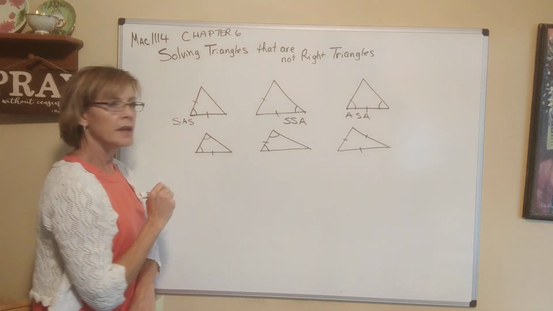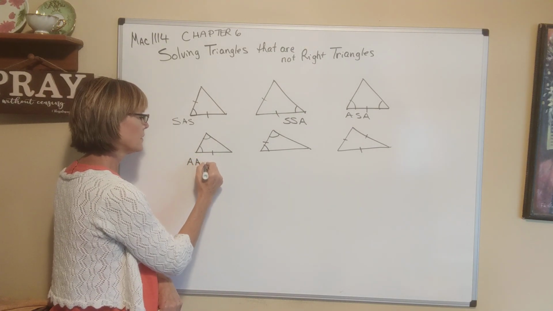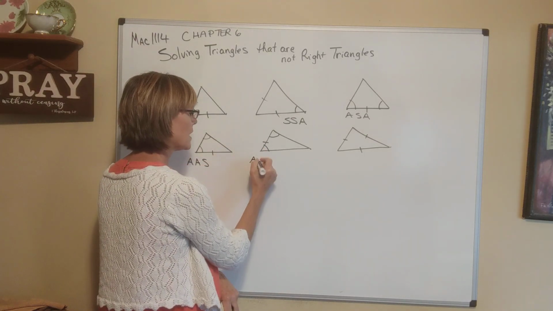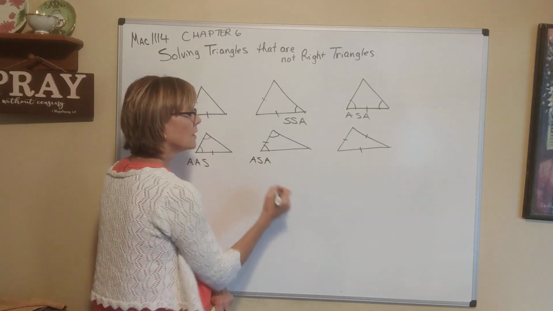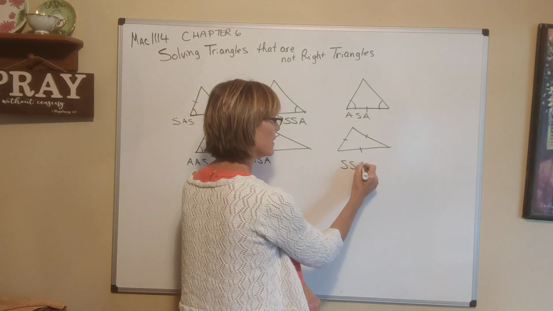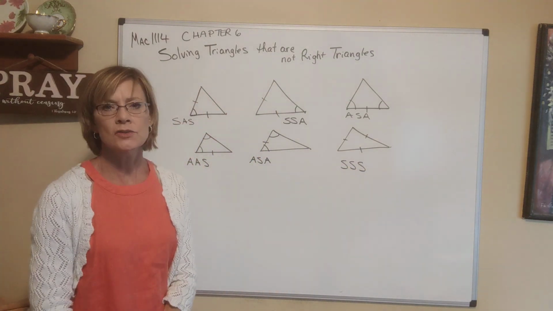Okay. Right here, we know angle, then a side. Right here, we know angle, then a side, then an angle. Right here, we don't know any angles. We just know side, side, side. So that's first how you would identify what you've been given in these triangles.